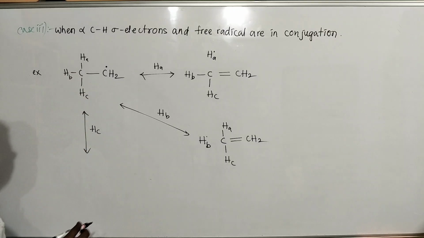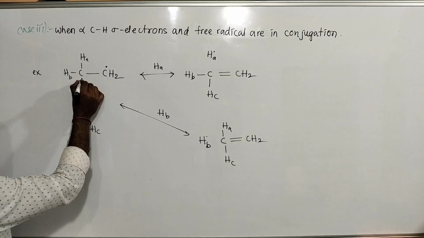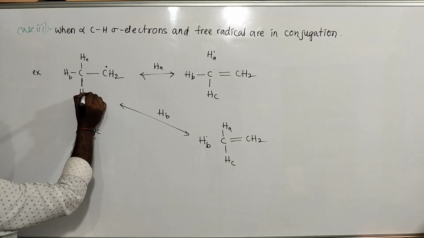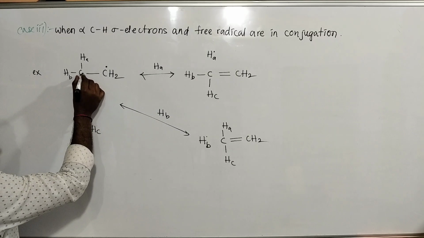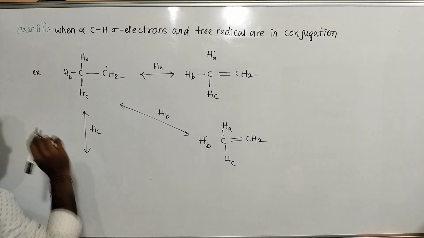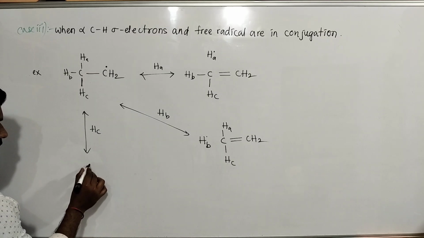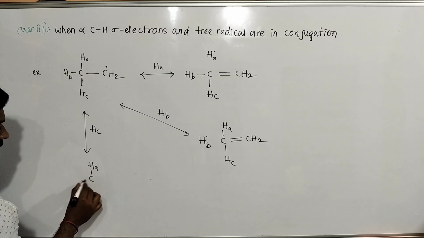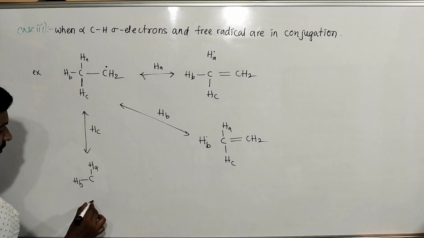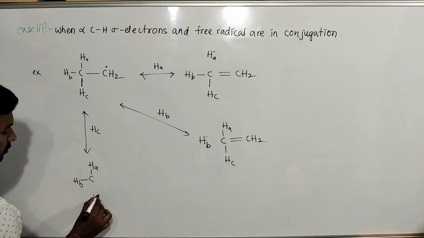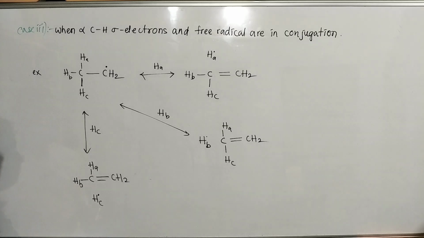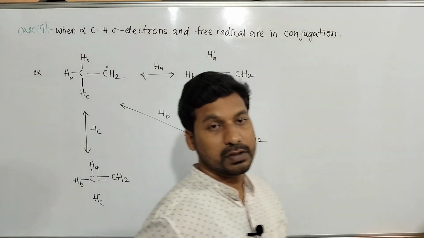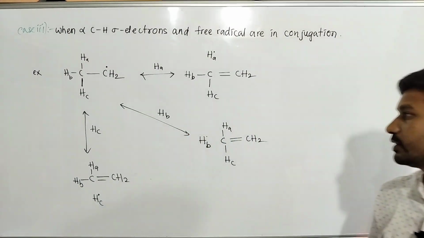bond. Next, here due to homolytic bond cleavage, this carbon become free radical, this hydrogen become free radical, this carbon free radical forming a new bond with another carbon free radical, and this become free radical here, like this. 3 alpha hydrogens, 3 hyperconjugative structures.